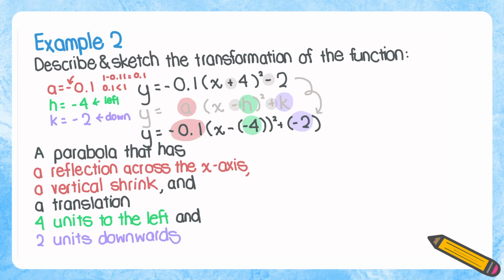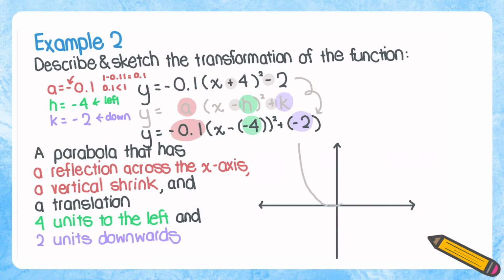We have a parabola that has a reflection across the x-axis, a vertical shrink, and also a translation 4 units to the left and 2 units downwards. So let's sketch this out. Think of it kind of like a checkbox when you're making your sketch from a description.